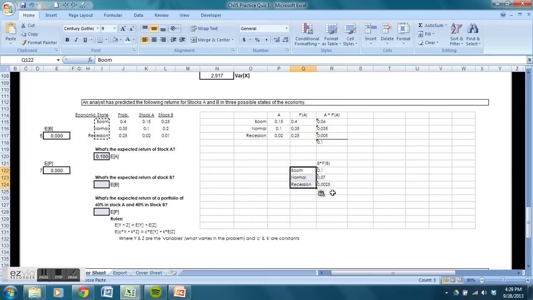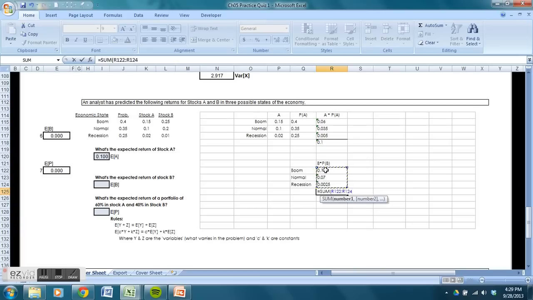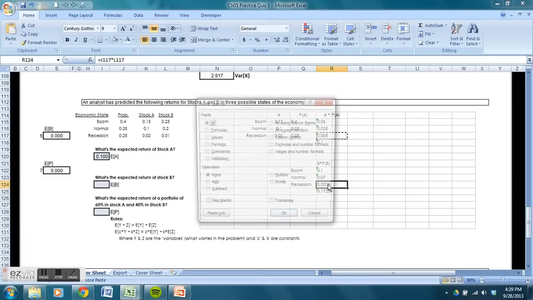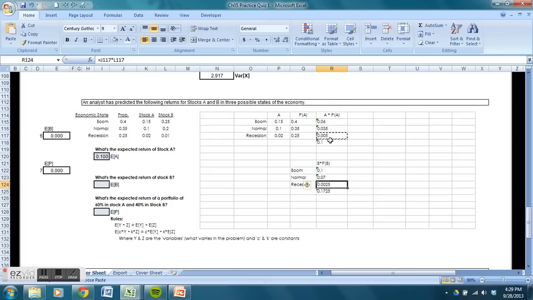And then sum. It's quicker for me to just copy and paste formatting than to click this cell, take my hand off the keyboard, and put in that thing. But that's not something you have to worry about unless you're planning on mastering Excel. There's our expected return of B.